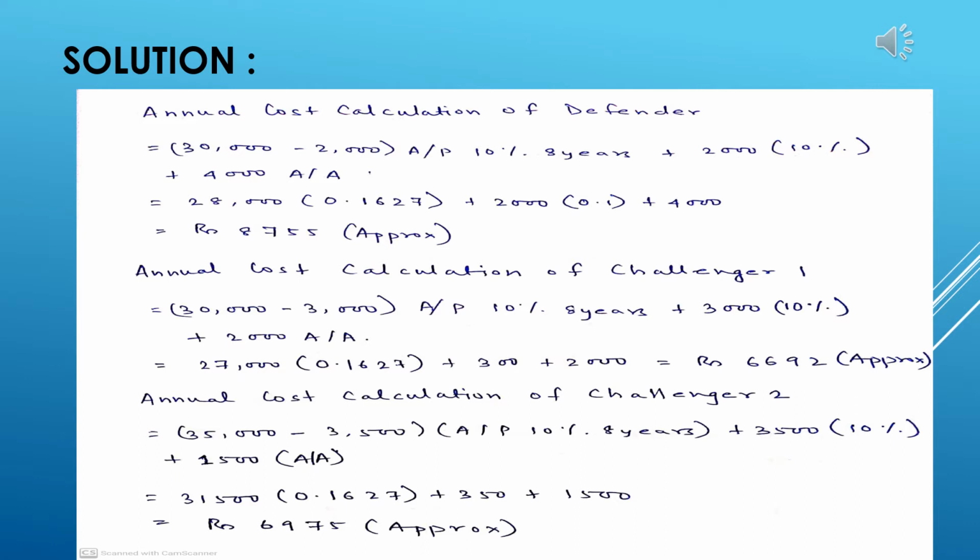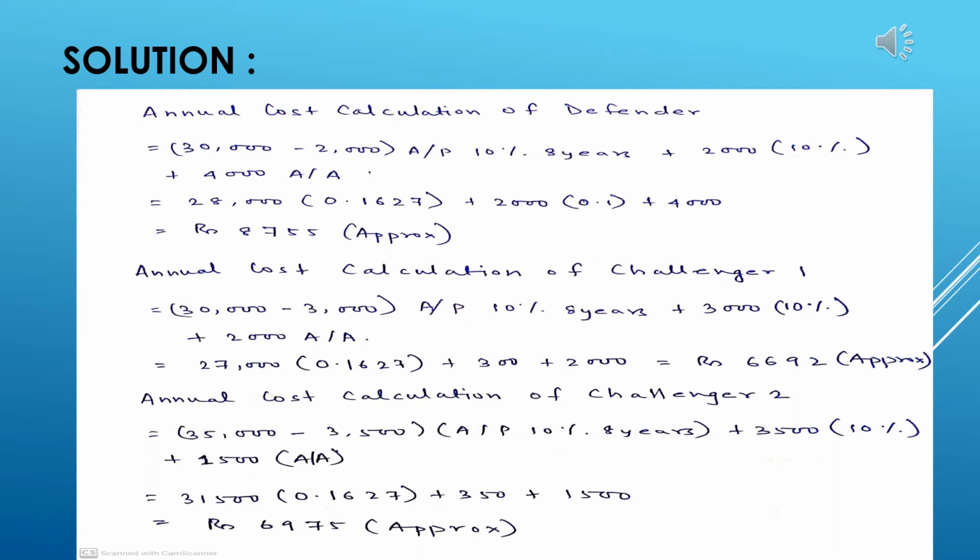And then what I have done, as I have said, this is a cost, so I have added back the salvage value of 2,000 multiplied by the i%, or the interest rate, which is given at 10%.